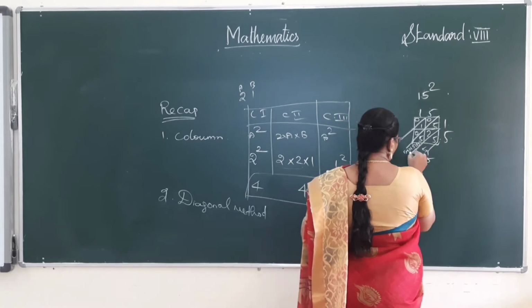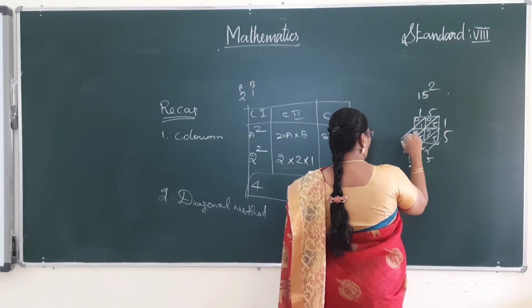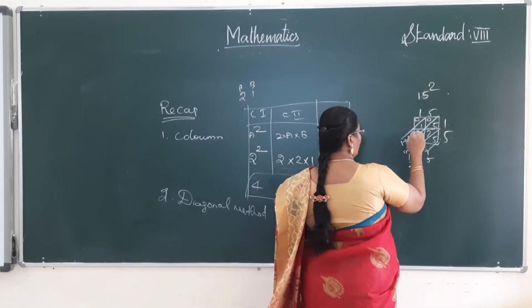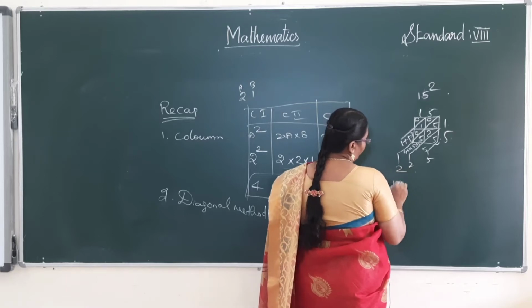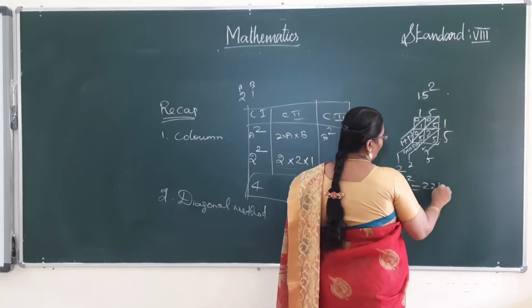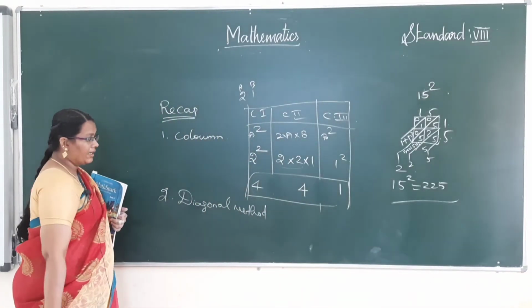So 2 stays here, 1 moves to here. Already here 1, so 1 plus 1 is 2, and the unit place is 5. So 15 squared is equal to 225. This is the diagonal method.